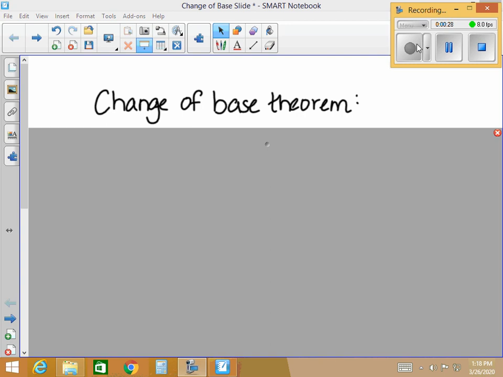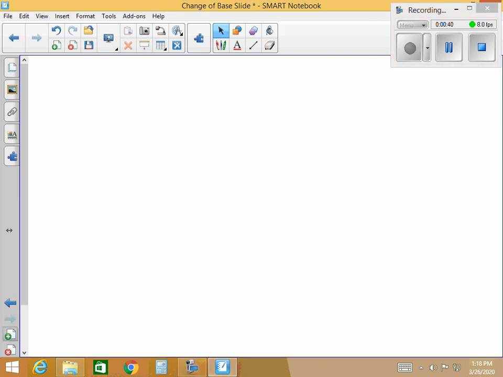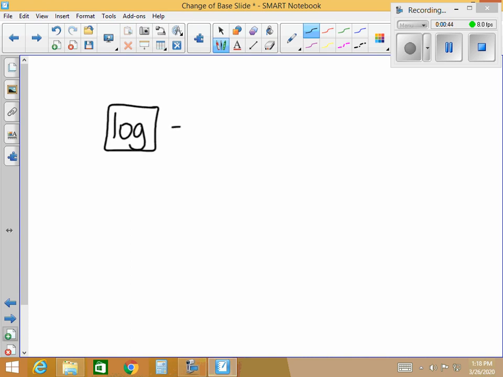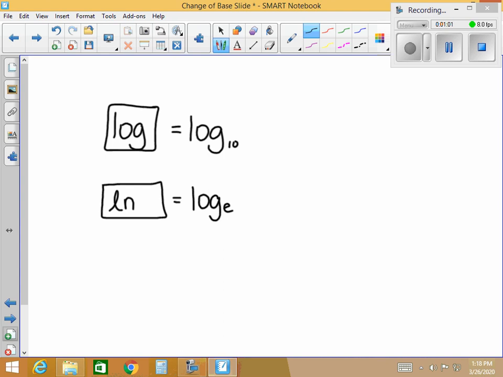So when we're using our calculators, when we're dealing with logarithms, our calculator understands two bases. It understands log, that's one button, which it takes every time to be log base 10, and it has an ln button, not written in cursive on your calculator, but that's not an I, it's an L, which means log base e, e being the natural base.